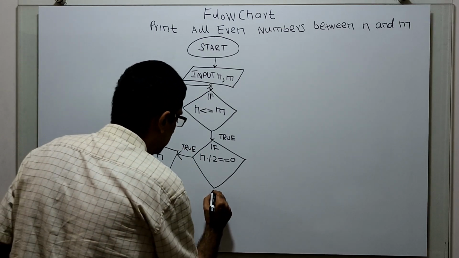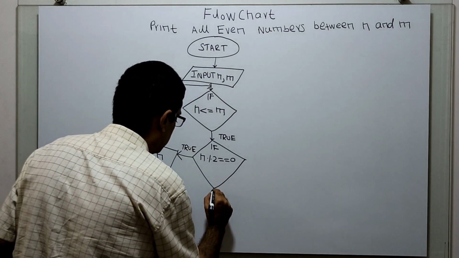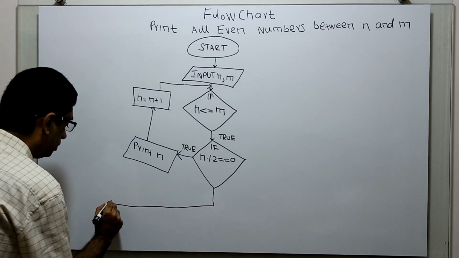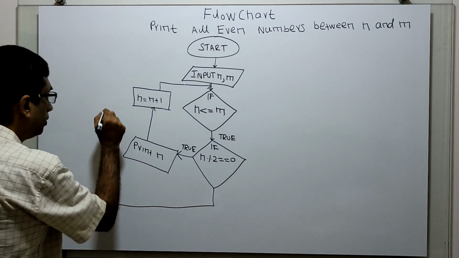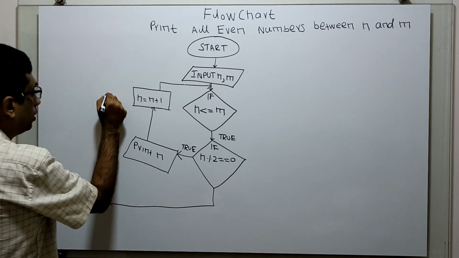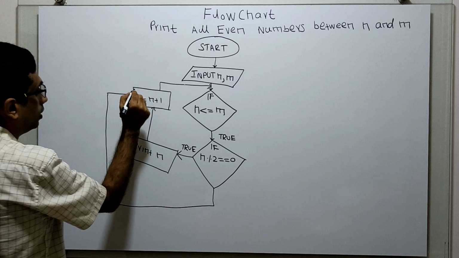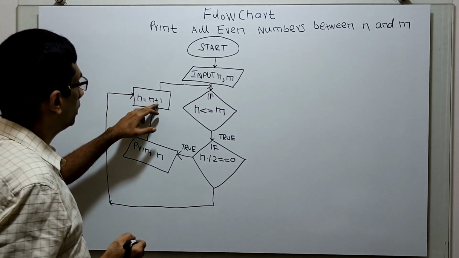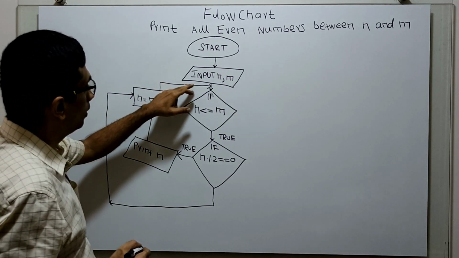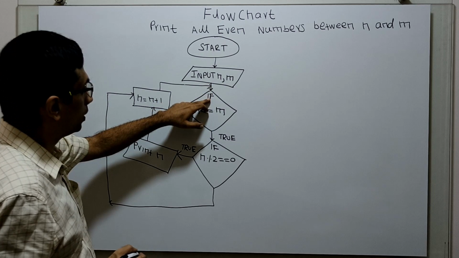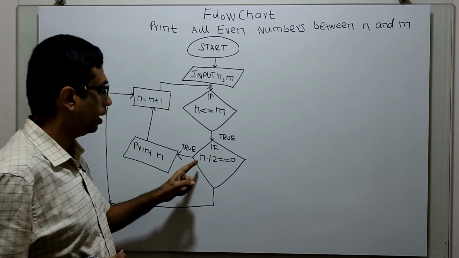If the condition is false, I am incrementing n equal to n plus 1 and the flow comes to the outer condition statement. It's like a loop. Why am I doing this?